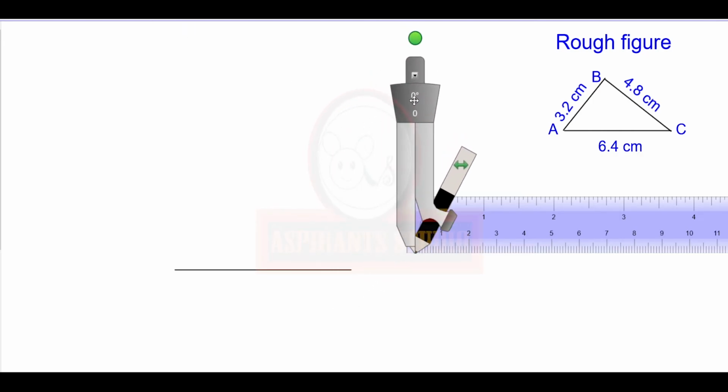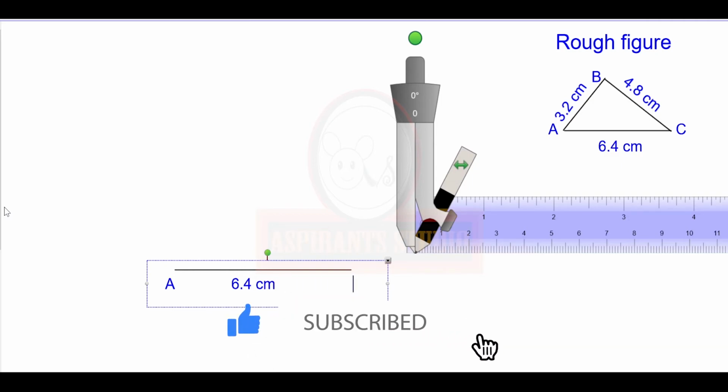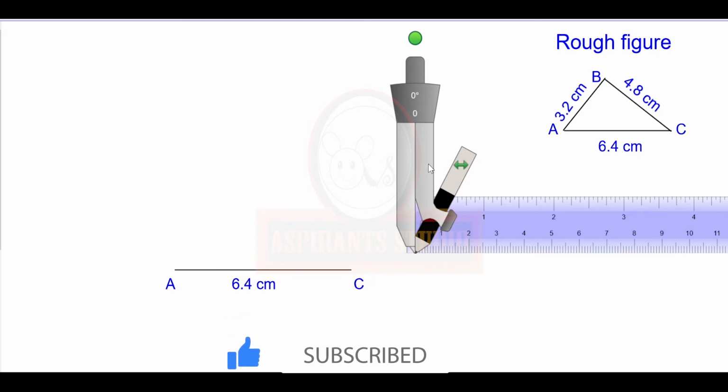Now we have to draw AB. So take the compass, measure 3.2 centimeters on the ruler. But before that you will have to label the segment as AC and mark the length as 6.4 centimeters.